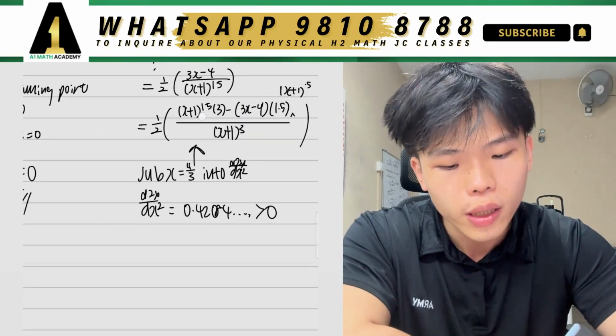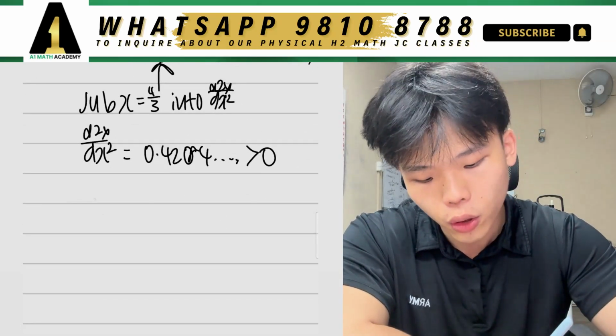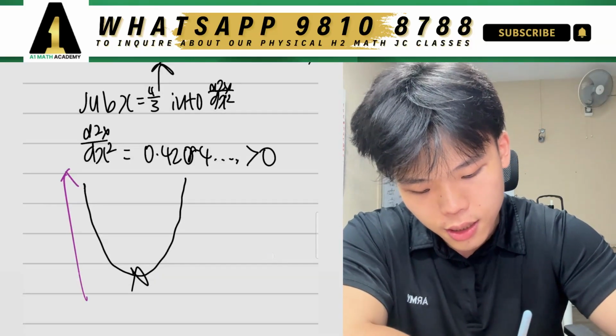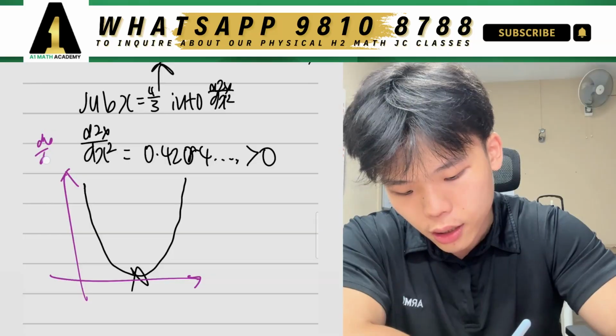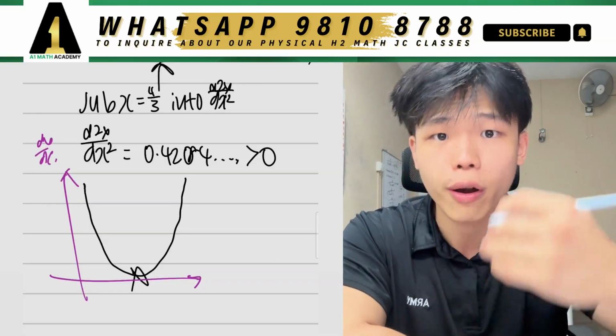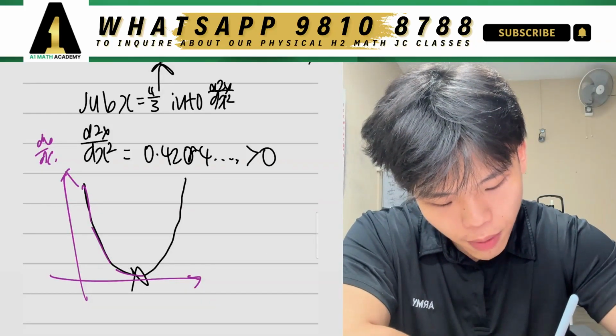Now, how do we intuitively remember that this over here is a minimum point? So I just want you to take a look at this graph over here. Imagine this over here is my dy/dx graph, and my dy/dx graph also has a gradient. Along this graph over here, there are many different gradients.